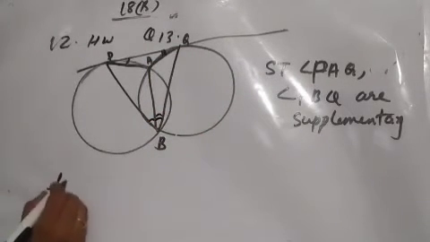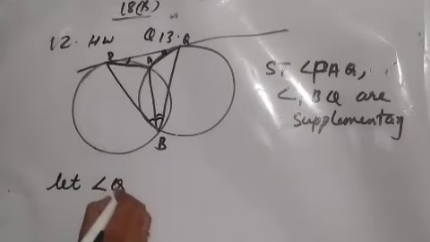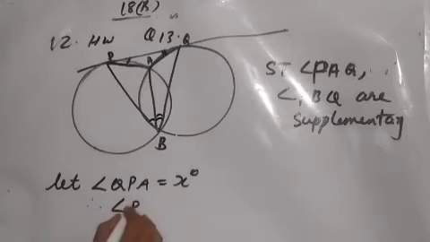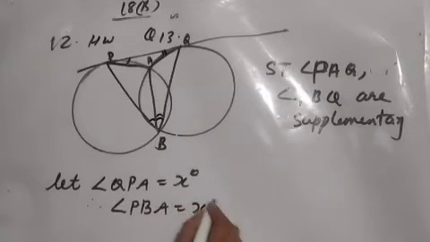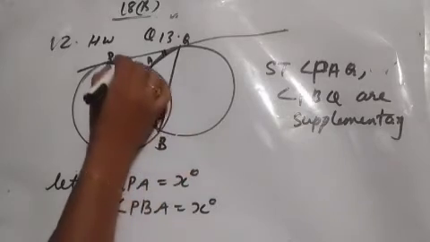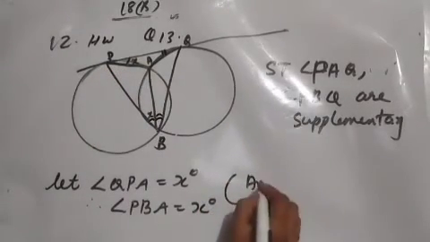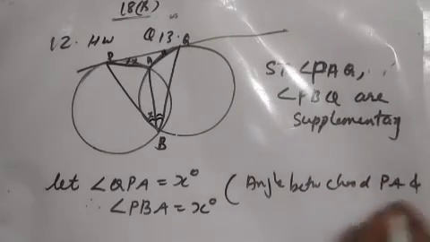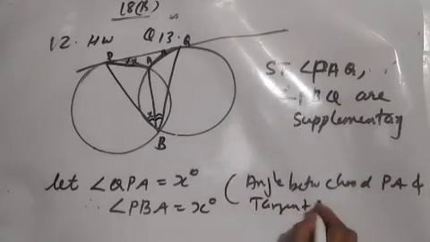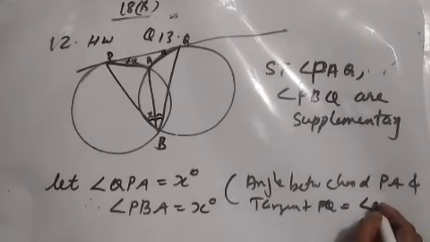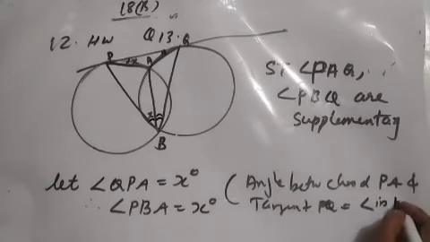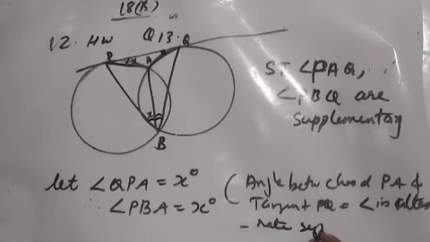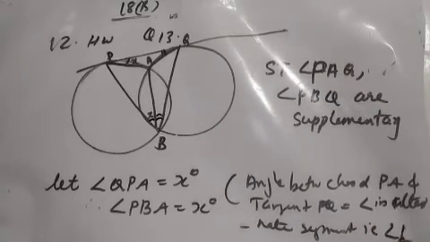Let us write first. Let angle QPA equal x degrees. Therefore, angle PBA is equal to x degrees. What is the reason these two angles are equal? Yes, angle between chord PA and tangent PQ is equal to angle in the alternate segment, that is angle PBA.